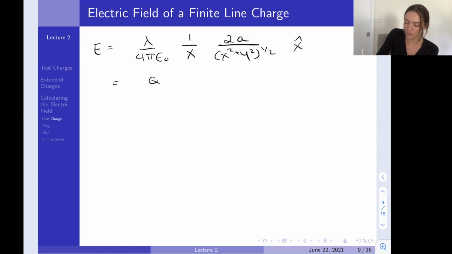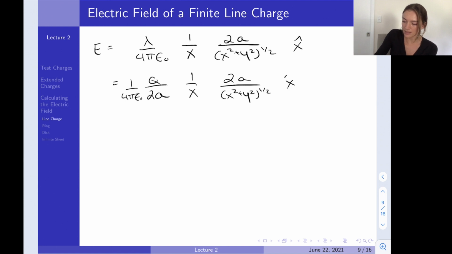So we have q over 2a, we have our 1 over 4 pi epsilon naught, we've got a 1 over x, we've got another 2a over x squared plus y squared to the 1/2, x hat. Okay, so we can see that our 2a cancels over here, and then we can just rewrite this.